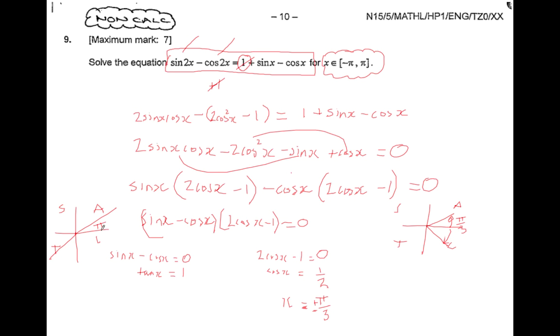So you've got a pi over 4 here, and you've got a pi over 4 here, but you've got to consider the domain for x. So x measured down the positive sense is pi over 4, and x measured round in the opposite direction is going to be negative 3 pi over 4. Okay.